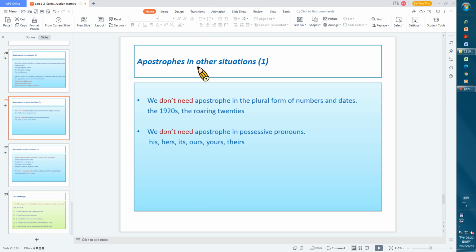Apostrophes in other situations. We don't need an apostrophe in the plural form of numbers and dates. For example, the 1920s, the Roaring Twenties. We don't need an apostrophe in possessive pronouns. For example, his, hers, its, ours, yours, theirs.